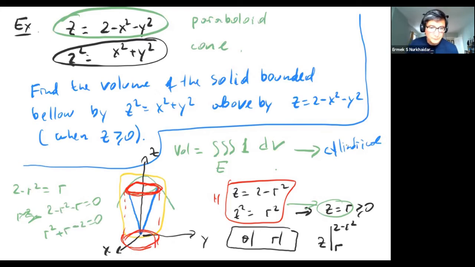To solve it, we need a product of -2 and a sum of 1, so we get r equals -2 and r equals 1.